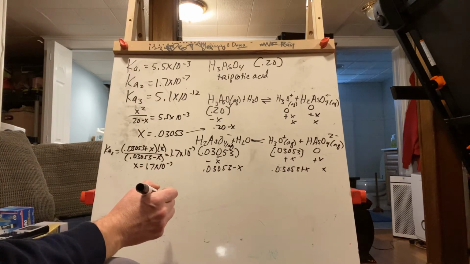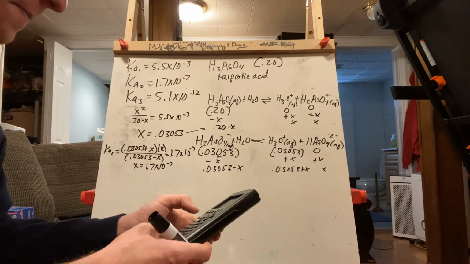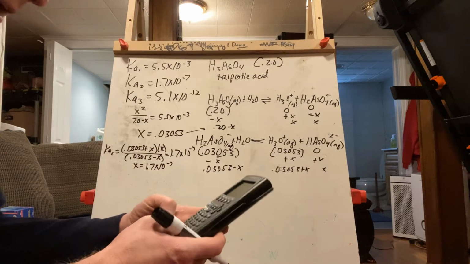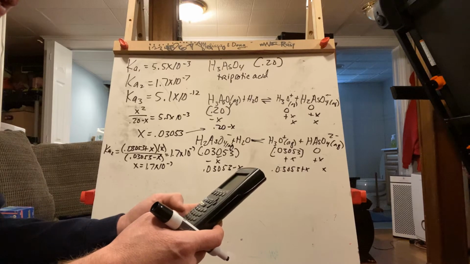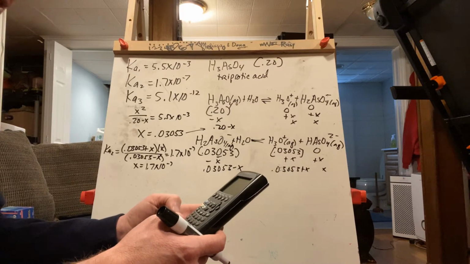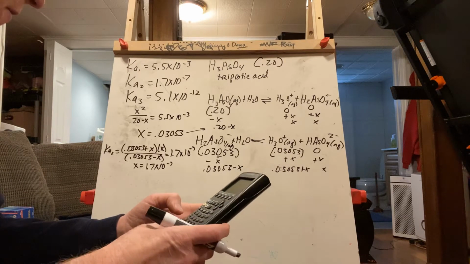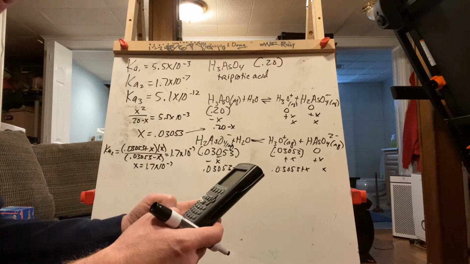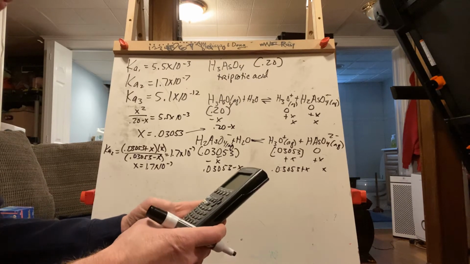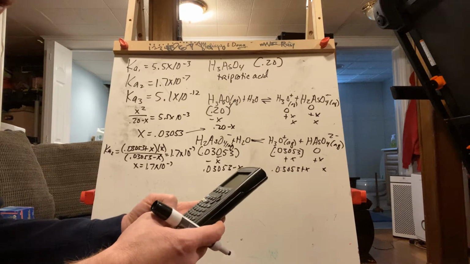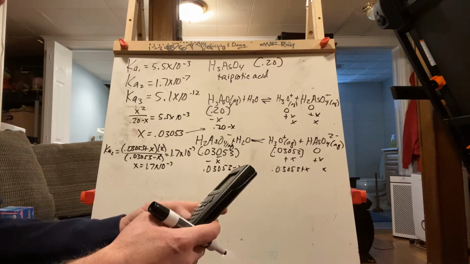And part of me doesn't really want to do this, but I'm going to do it. So, try it again: (0.03053 plus x) times x divided by (0.03053 minus x) equals 1.7 times 10 to the negative 7th, comma, x.